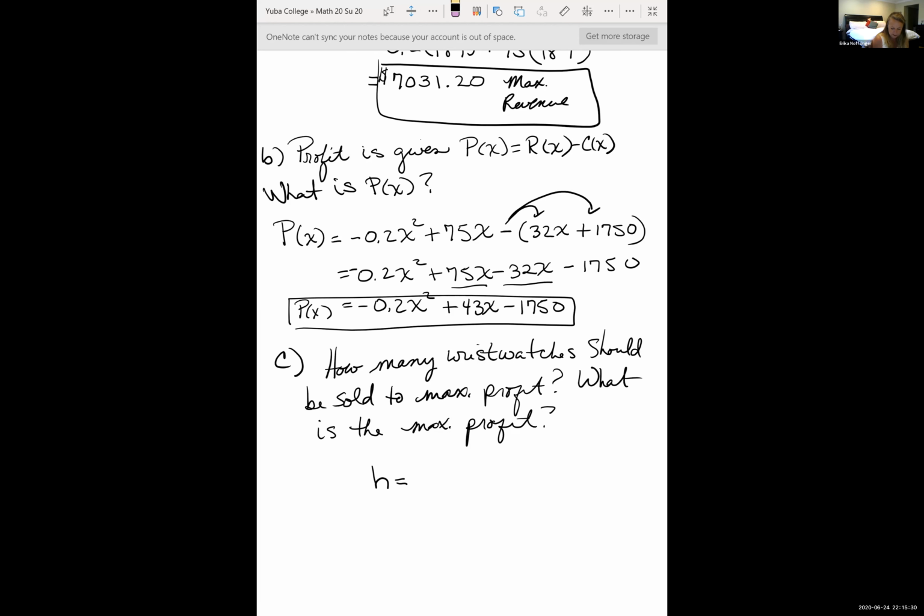So negative b over 2a, so negative 43 all over 2 times a. A is negative 0.2. So negative 43 divided by negative 0.4. So this is equal to 107.5.